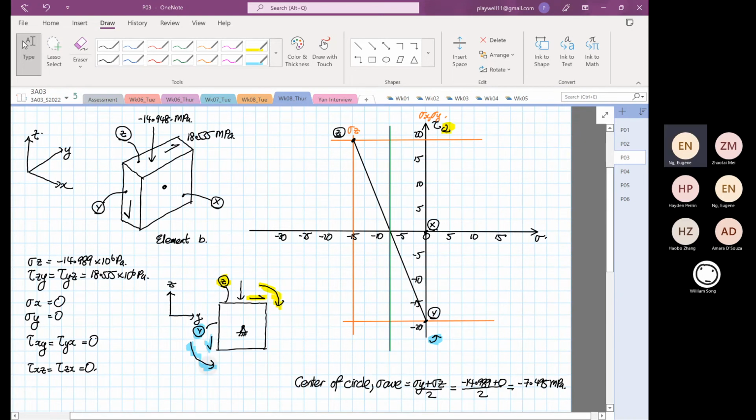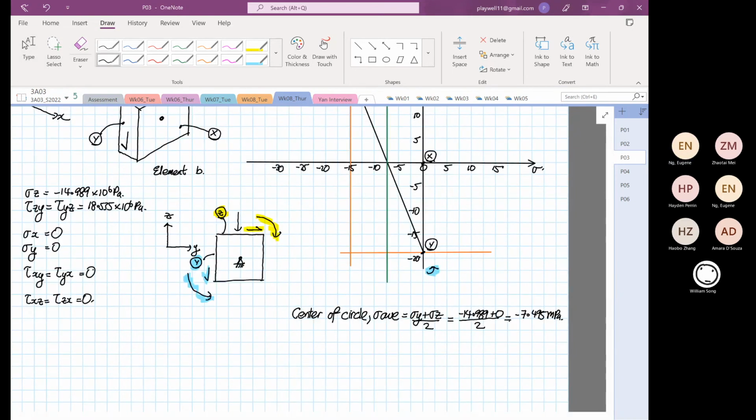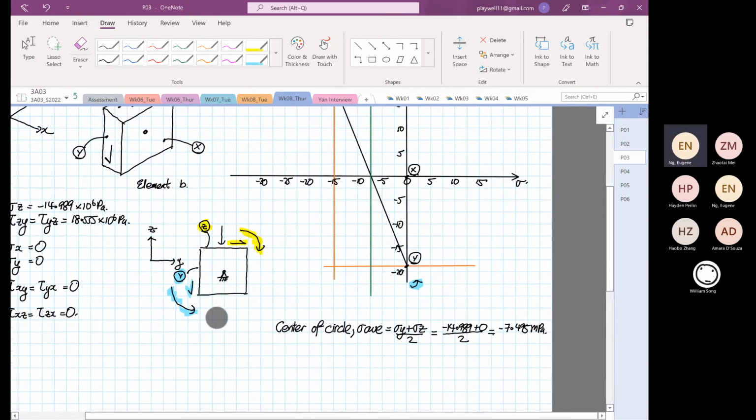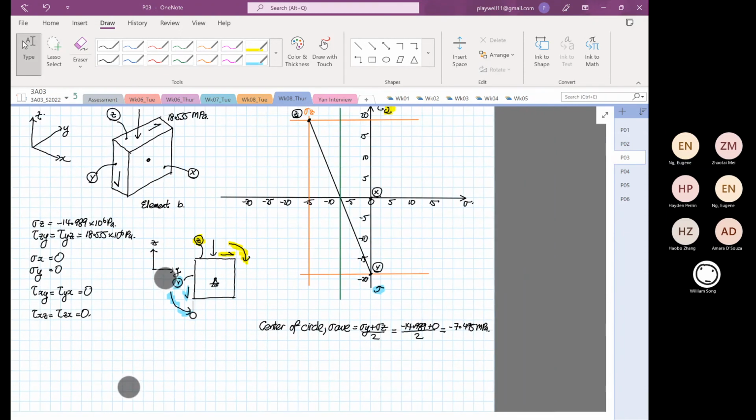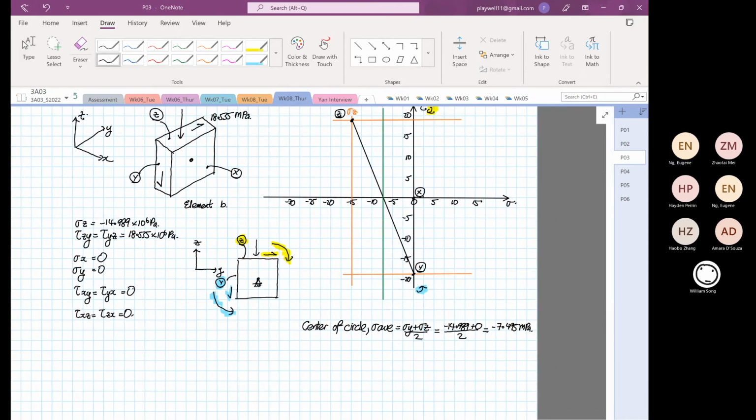Then we calculate the radius of the circle, which is equal to tau max.